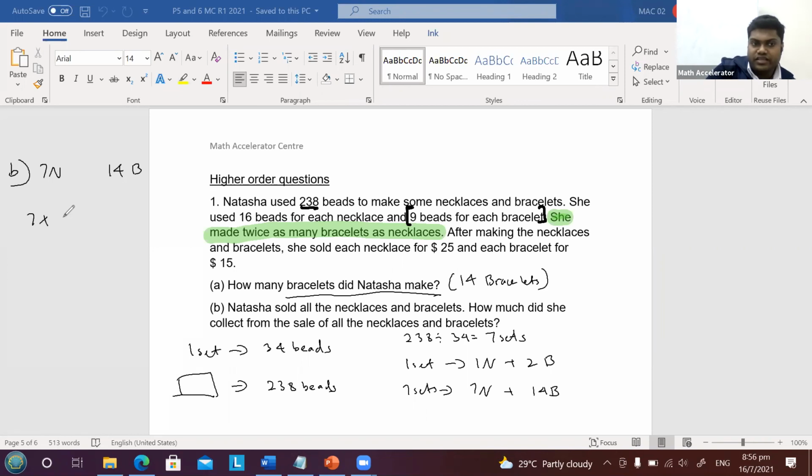So take 7 times 25. This will give you $175. Then each bracelet for $15, and she sold 14, so 14 times 15.